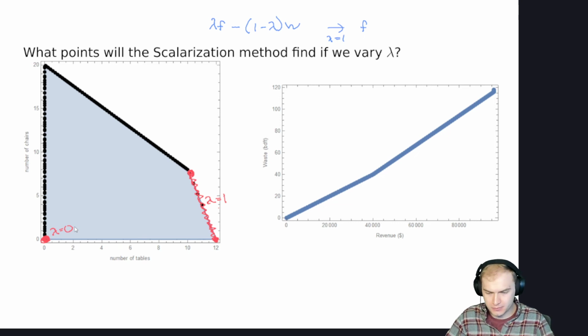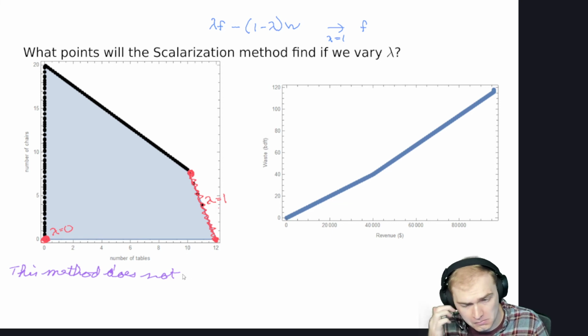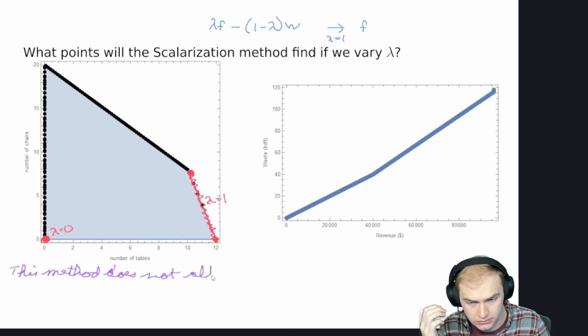What if we have something in between? Well, this method does not alter the feasible region.